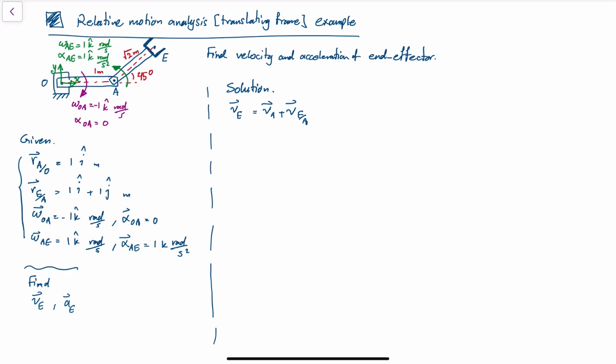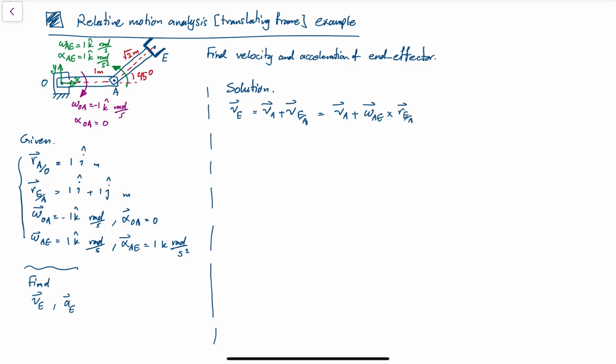But in this particular situation, that link AE has a constant length, and I know this relative motion looks like a pure rotation. I can write it as VA plus omega AE cross R of E relative to A.